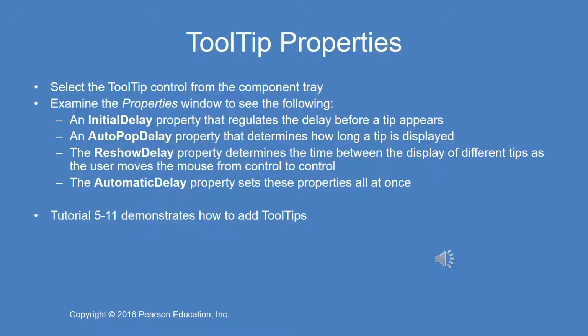The AutoPopDelay property determines how long the tooltip is displayed. The ReshowDelay property determines the time between the display of different tips as the user moves the mouse from one control to the next. And the AutomaticDelay property sets these properties all at once.